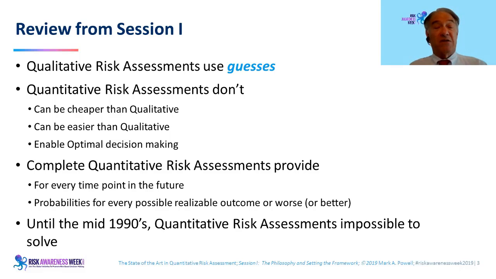Just the analytical setup of a quantitative risk assessment produced an analytically intractable problem. We couldn't integrate the integrand. The probability density function is always in our integrand that we have to integrate to produce probabilities. But in the mid-1990s, some numerical methods were developed that allow us to solve it. We'll talk about those today.